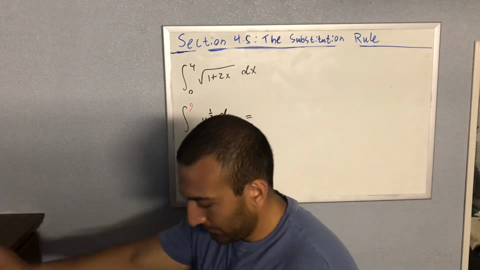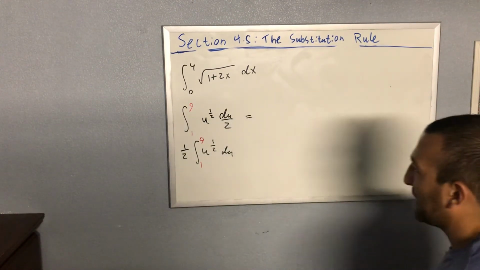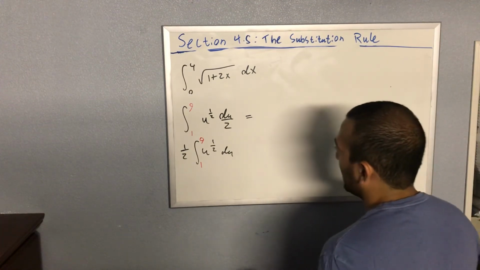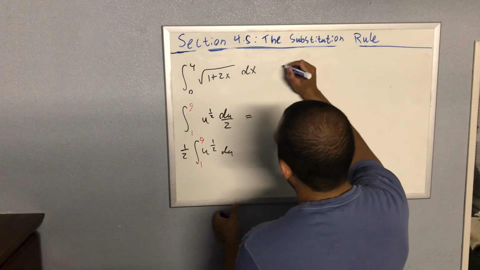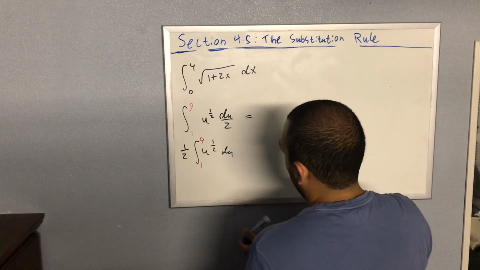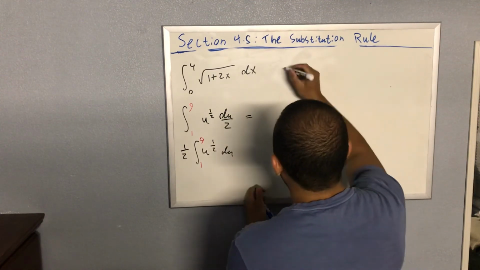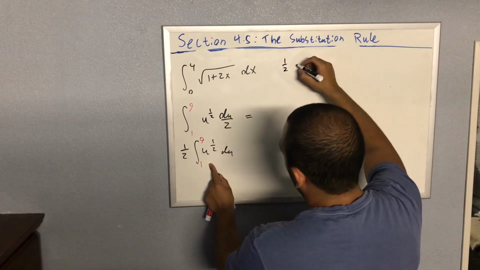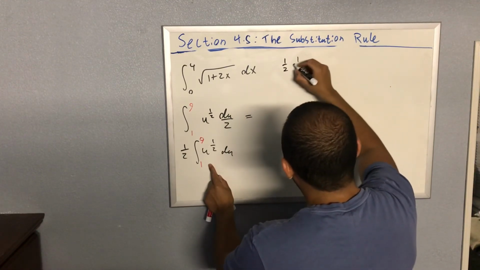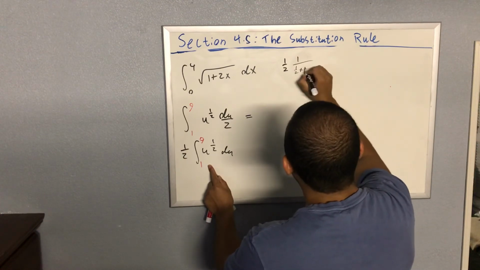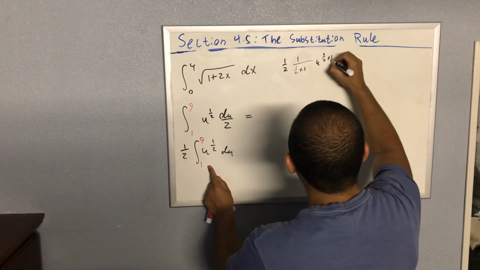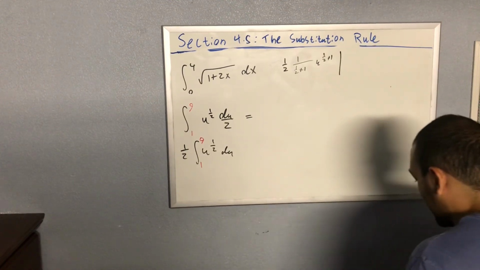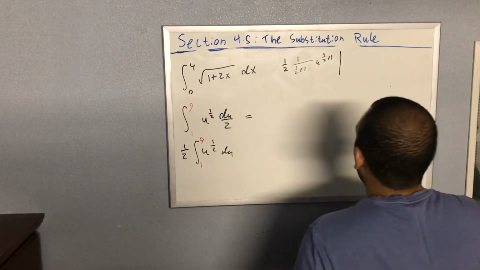I'll write this in red again just as a reminder. Okay, so we've seen this so many times now, the integral of u to the 1/2, or the square root of u. So this is 1/2, and then it's 1 over 1/2 plus 1, u to the 1/2 plus 1, evaluated now, because it's a definite integral, from 1 to 9.